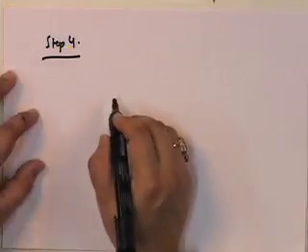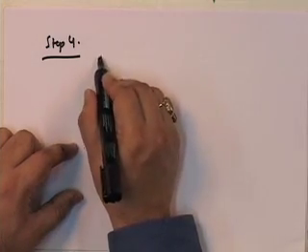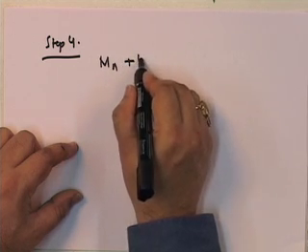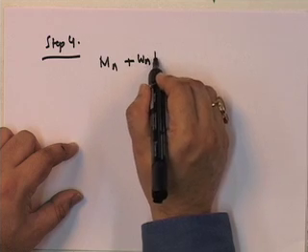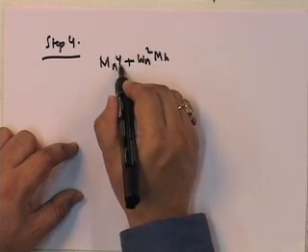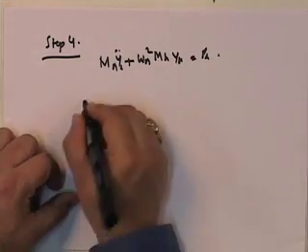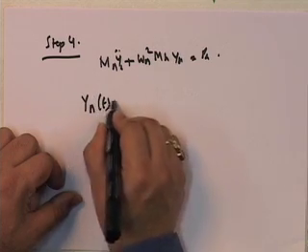Now let us go forward by one step, and that is the third step. We found out our generalized mass and loading. What is the next step? The next step, which is step 4, is to solve the modal coordinate equation. So, Mn yn double dot plus omega n squared Mn yn is equal to Pn, and note that we already know what yn of t is going to be.